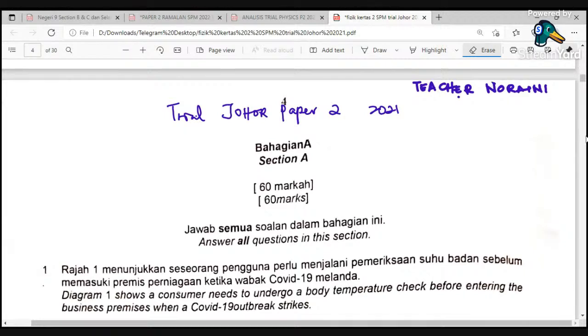Some students are concentrating on answering the question, then they forget to look at the list of formula. Even in section B, C, D, sometimes you need a formula to relate two physical quantities, for example.